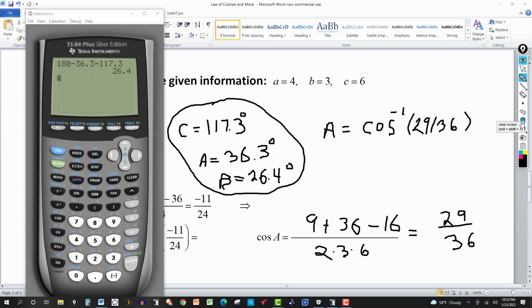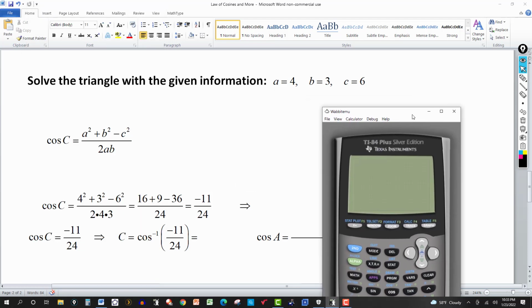those are the angles. Angle A, 36.3. Angle B, 26.4. And angle C, of course, is 117.3 degrees. So let's suppose I went ahead and found angle C, which we said was 117.3 degrees.